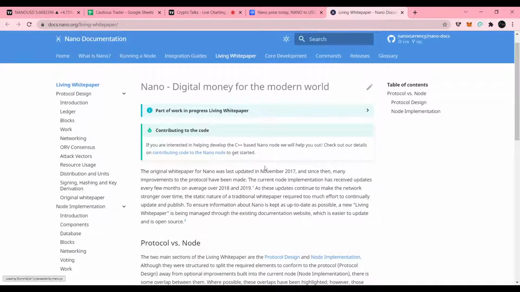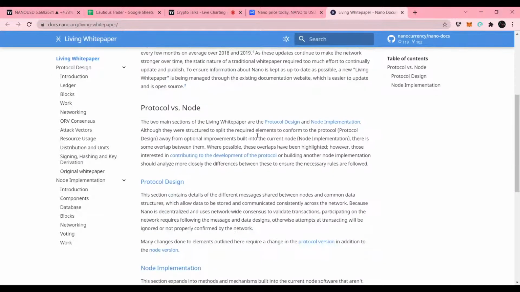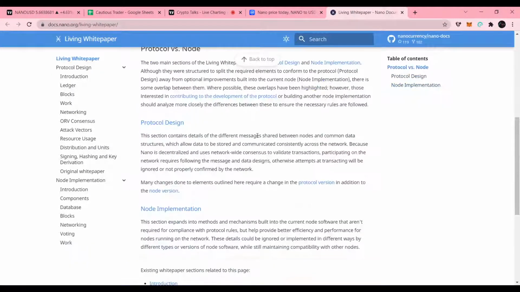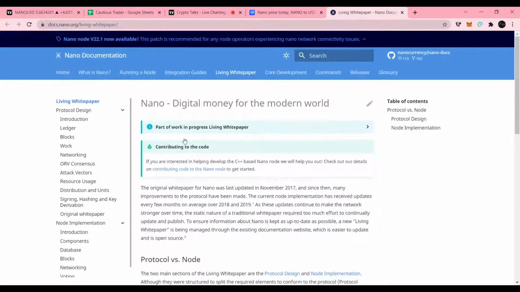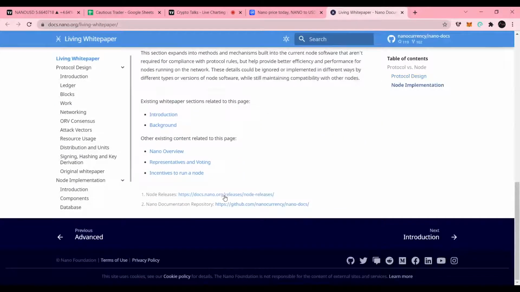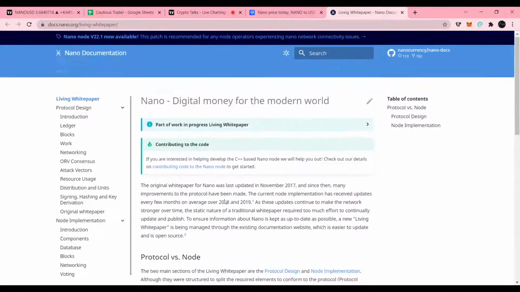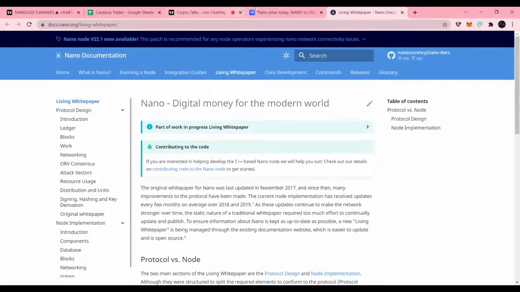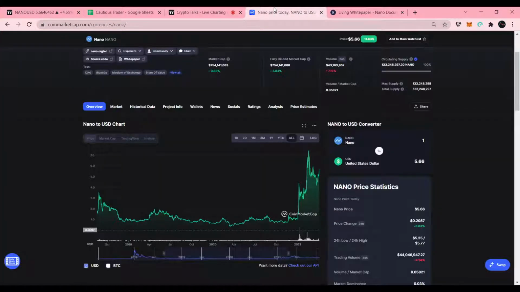Normally, if I'm going to hold long term, I read at least a bit of the white paper so that I can understand it.